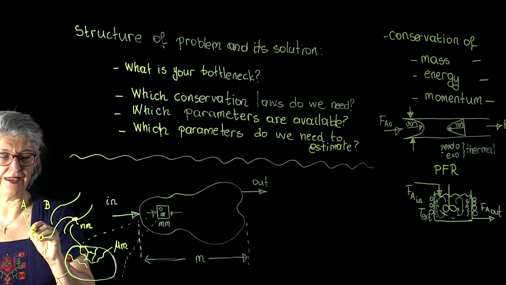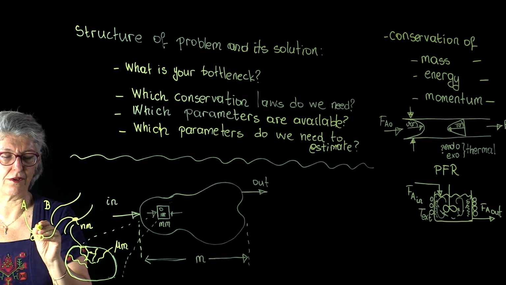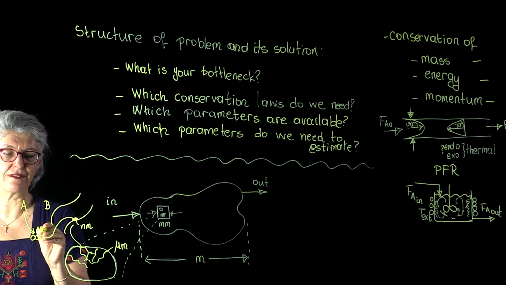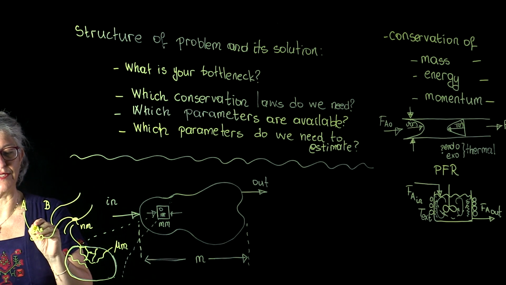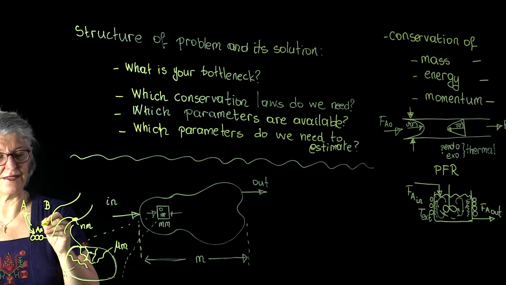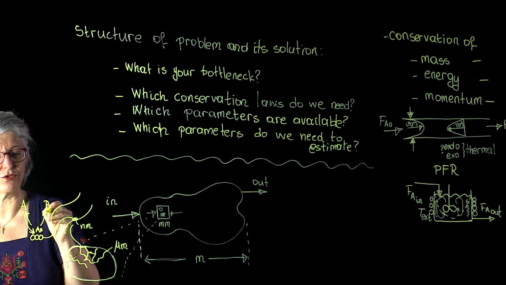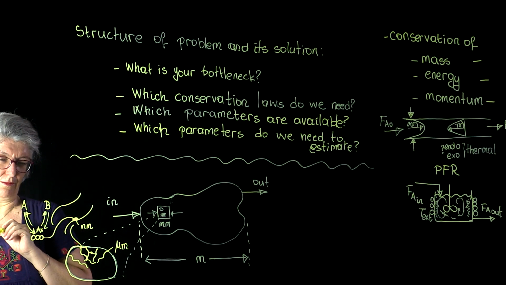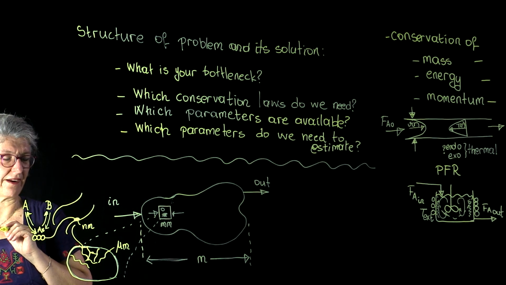A adsorbs onto the surface, becomes A star. The reaction can proceed forward and backward, and this A star converts to B. This reaction also proceeds forward and backward.